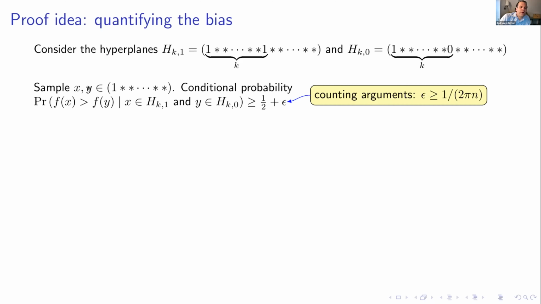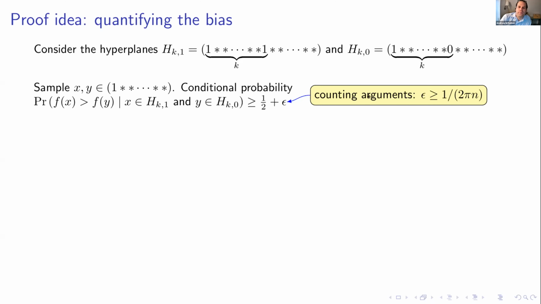All right. So if we sample x and y out of all of the strings that start with 1, so we sample out of this blue cube, then what we can do is we can bound the conditional probability that x wins the tournament, so that the fitness of x is greater than the fitness of y, given that x came out of the hk1 hypercube and y came out of the hk0 hypercube.